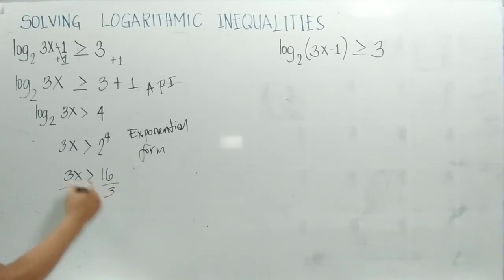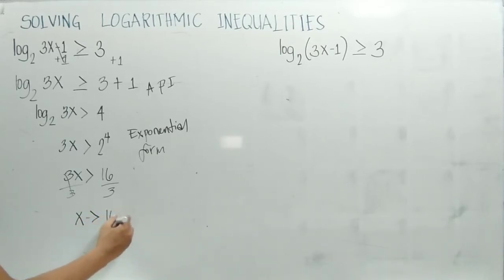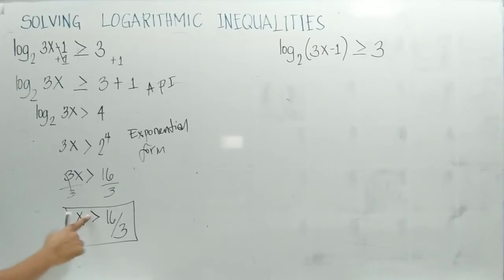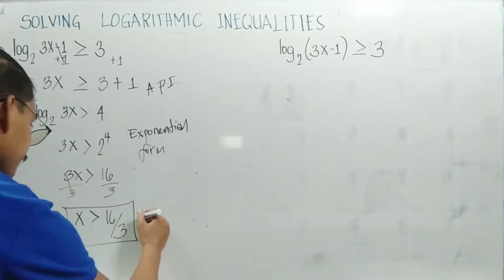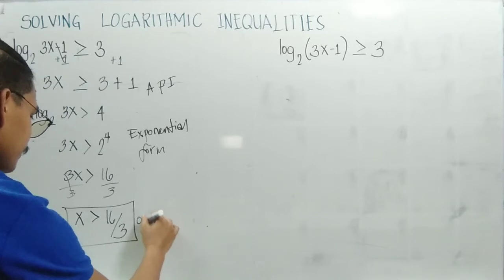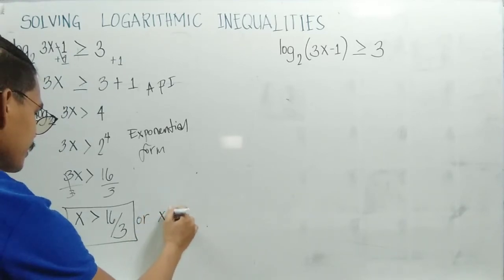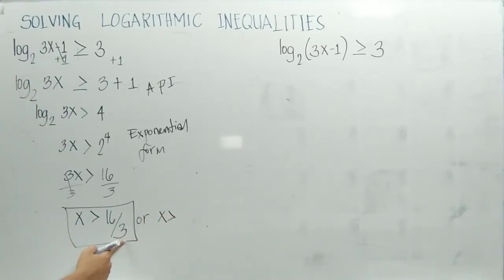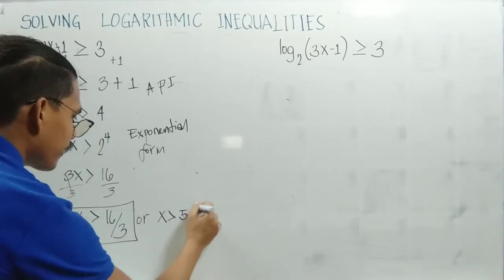Dividing both sides by 3, isolating x, we have x is greater than or equal to 16 over 3, or x is greater than or equal to 16 divided by 3, which is 5 1/3.